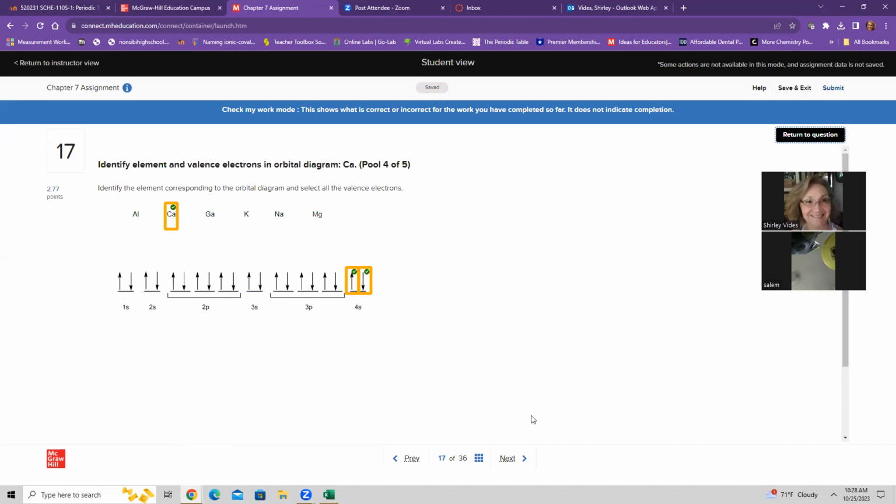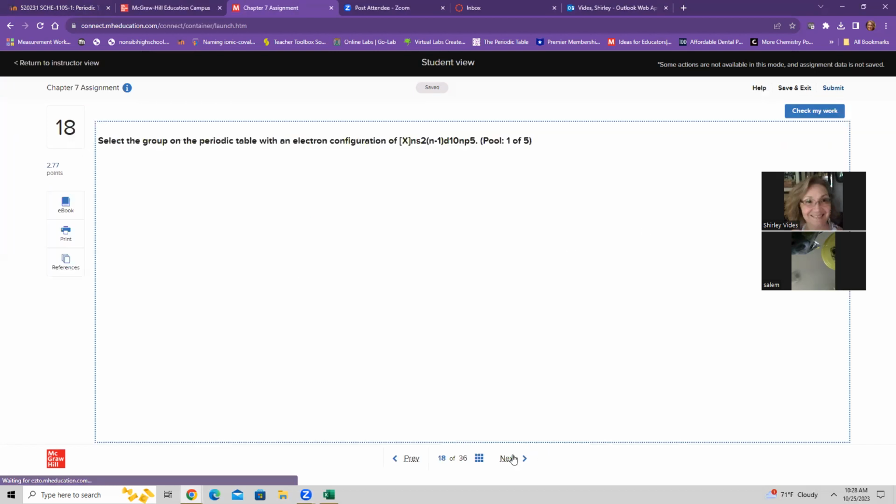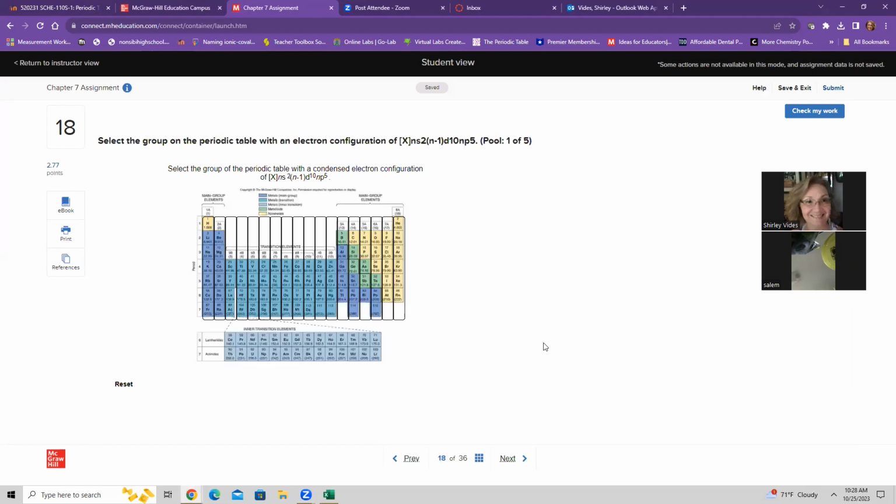All right, next. Notice what it's saying. It says, select the group on the periodic table with an electron configuration of ns2, (n-1)d10, and np5. So the group with P5 is going to be this one.